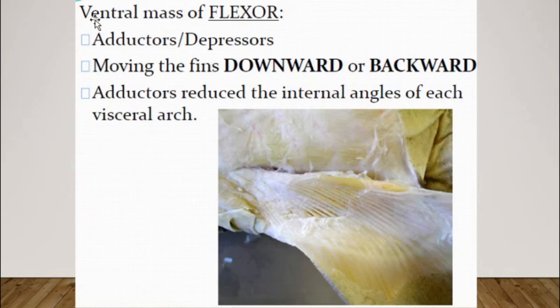There is also the ventral muscle, the flexor. There are adductor depressors, moving fins downward or backward, and adductors reduce the internal angle of each visceral arch.